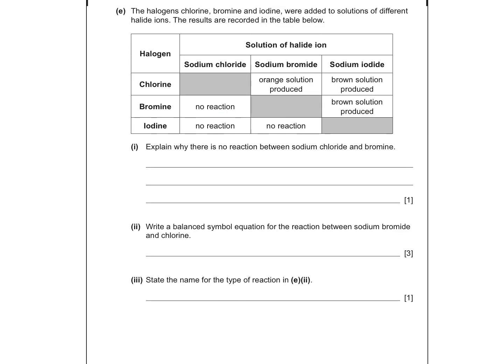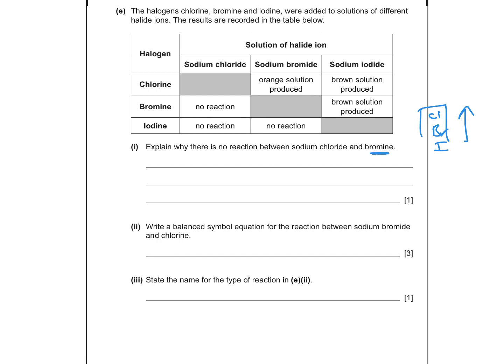E part 1 is about a displacement reaction. So we've got sodium chloride and bromine. Now nothing happens in this reaction, and that's because, if you remember from part D, the reactivity of the halogens increases as you go up the group.